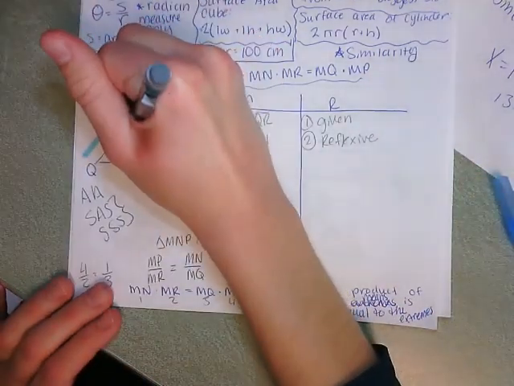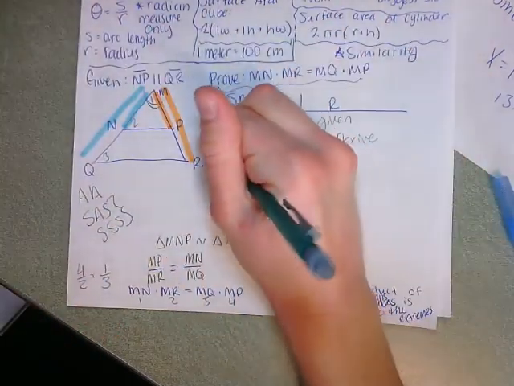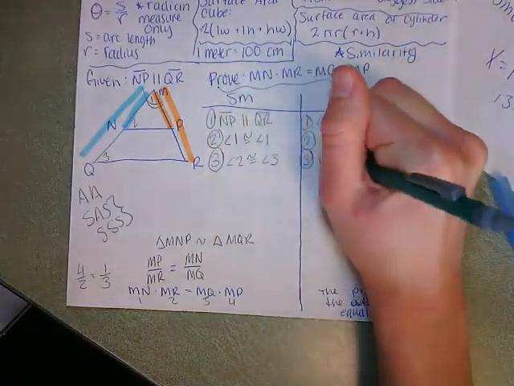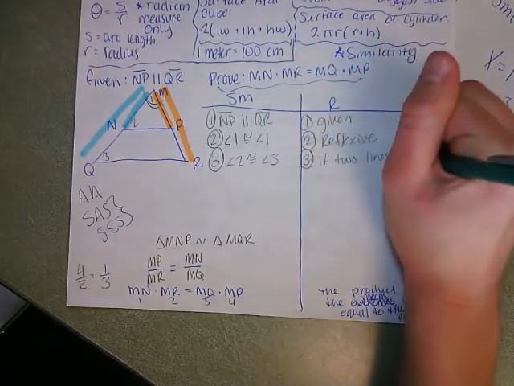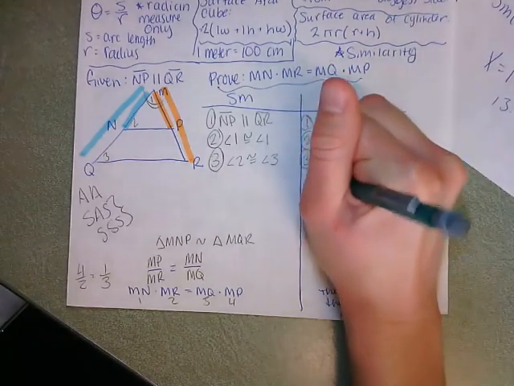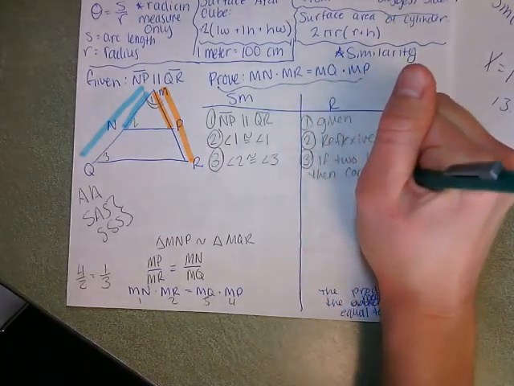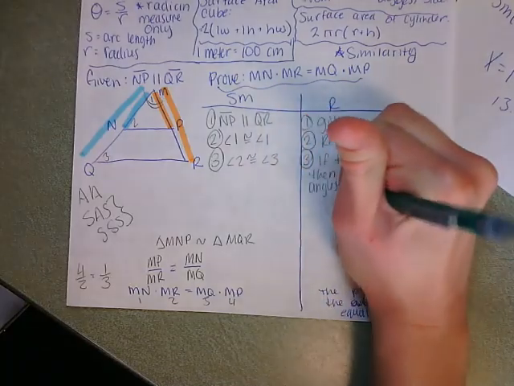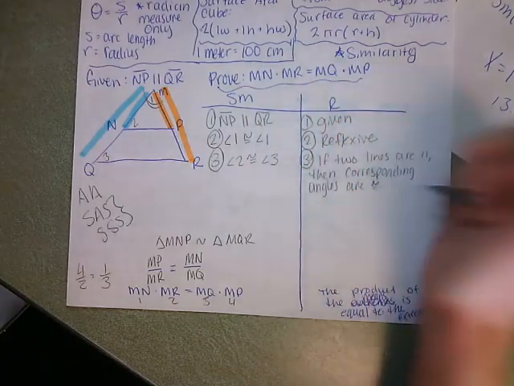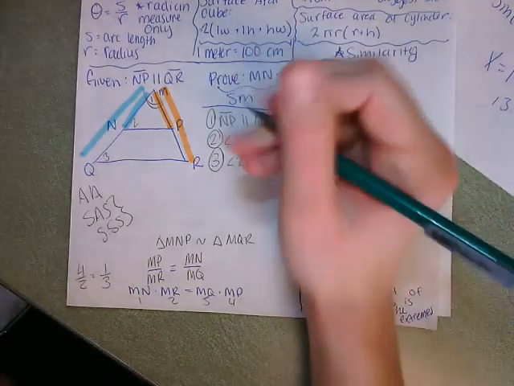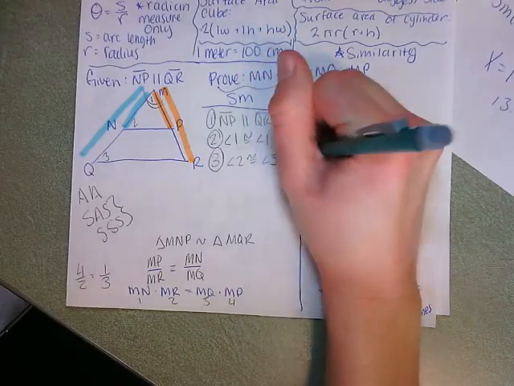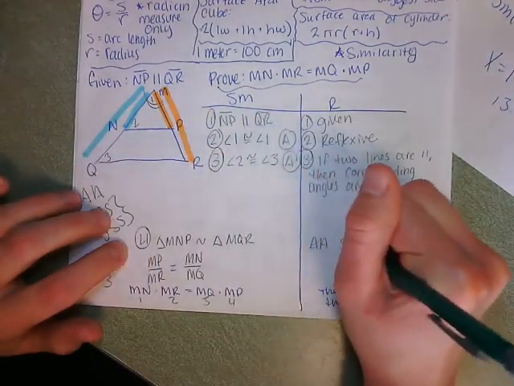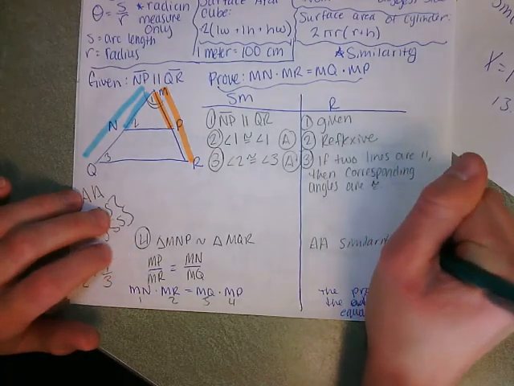So angle 2 is congruent to angle 3, because if two lines are parallel, then corresponding angles are congruent. Now we have an angle and we have an angle. So by angle-angle similarity, these two triangles are similar.